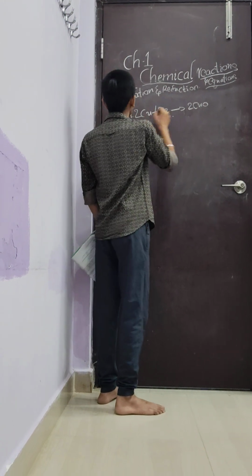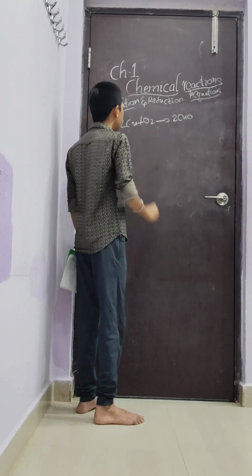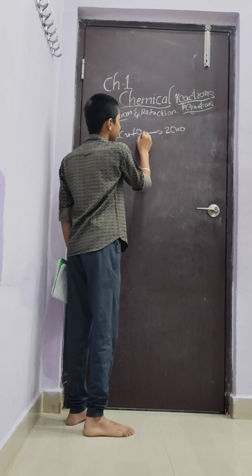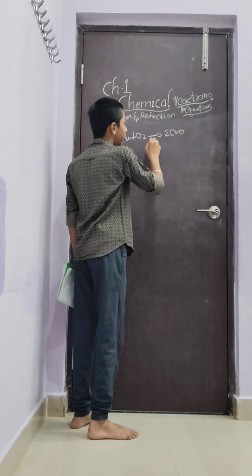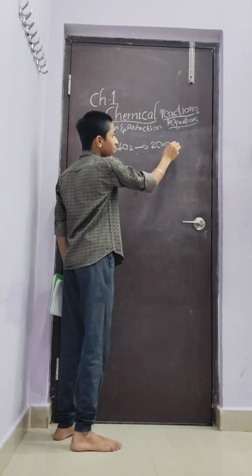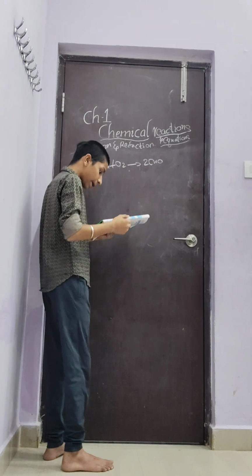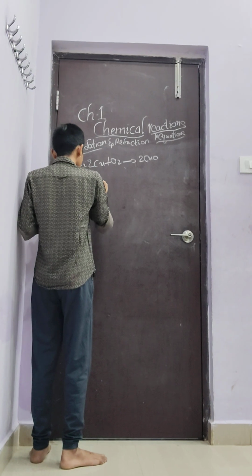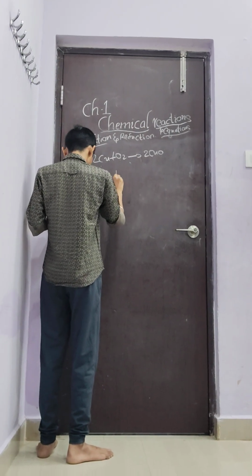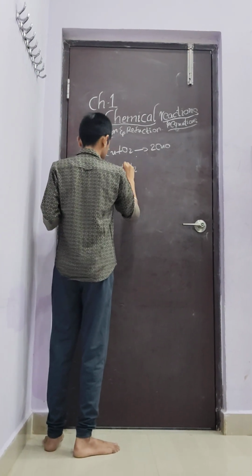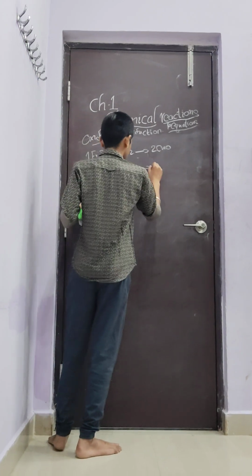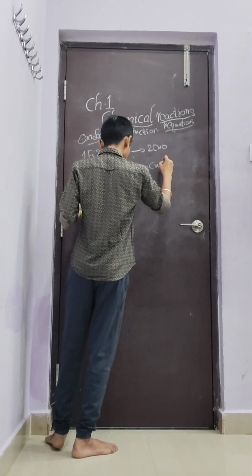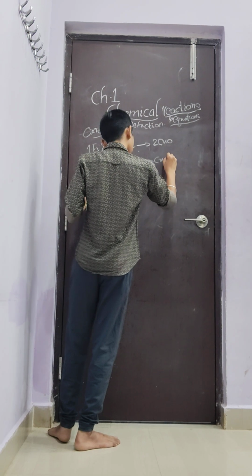This is an example of oxidation reaction. In this, oxygen is gained by the copper and it forms copper oxide. Next, an example of reduction is CuO plus H2 gives rise to Cu plus H2O.